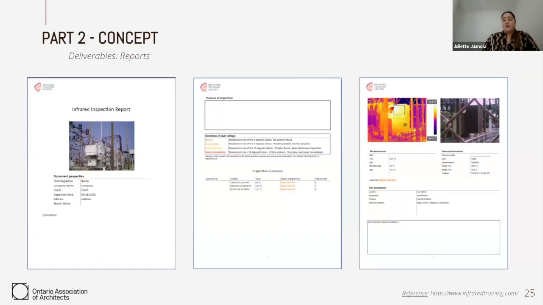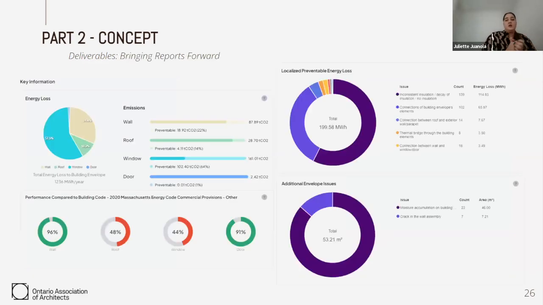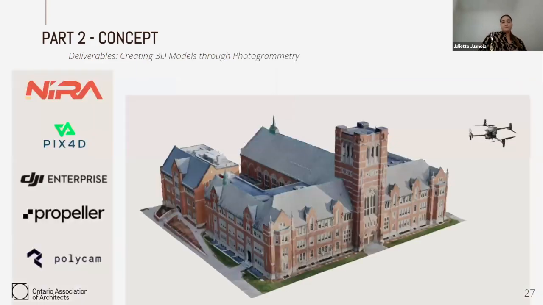But these reports can be further enhanced and customized based on the customer's needs, whatever they want to compare the building to, if they want to address specific areas on the building envelope, and if there are references that they want to mention inside the reports.